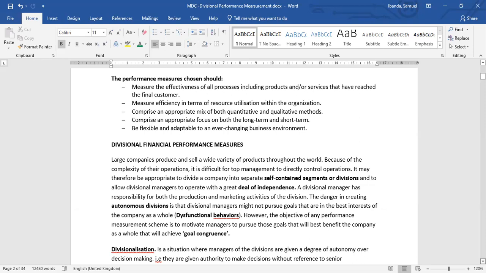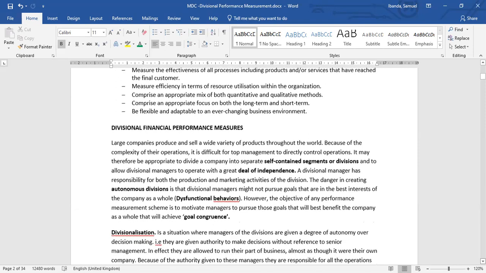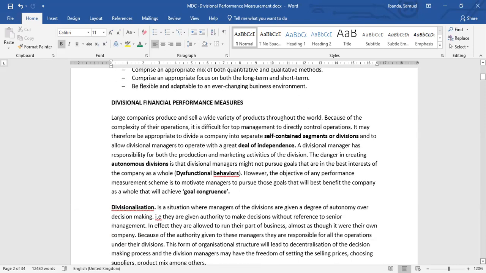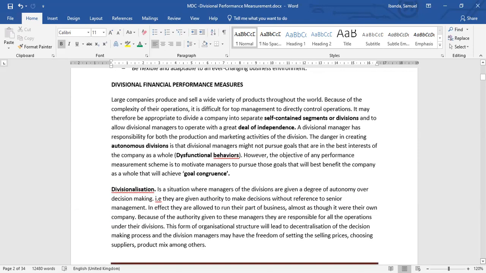So now, I already explained when it came to goal congruence that every time you set, for example, some measures, you find that sometimes some branches are actually pursuing an alternative direction compared to the overall goal of the objective. So every time you're setting a financial or non-financial measure, yours is to make sure that you're achieving goal congruence, okay?